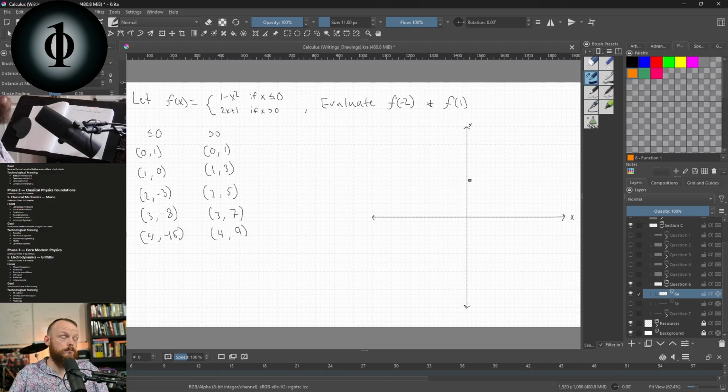So x is 0, y is 1. Make that a bit smaller. So x is 0, y is 1. X is 1, y is 0.